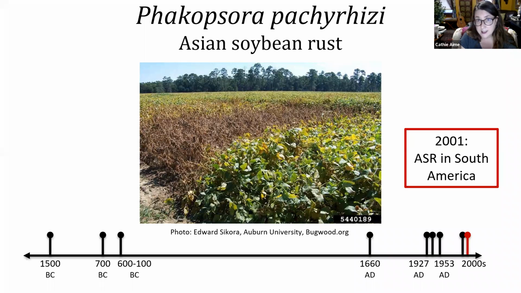Phakopsora pachyrhizi is one that was, again, of great concern to the United States. It originated in Asia, moved to Africa, and was kept out of the Americas for about 50 years, but it made its way to Brazil in the 1970s, I believe.